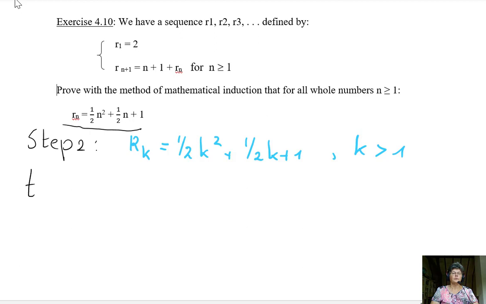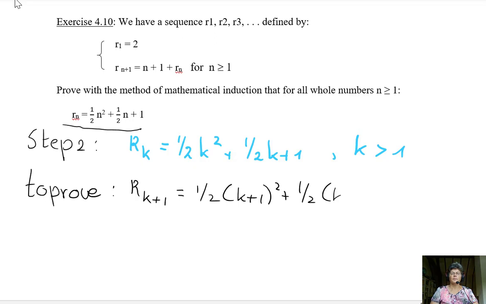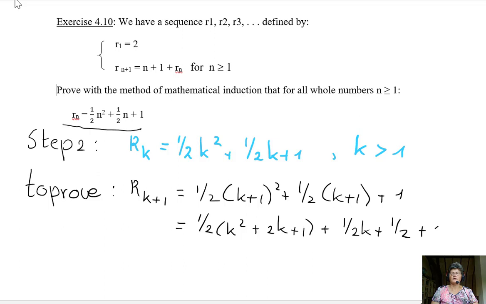So we need to prove that it's also true for the successor, so that R(k+1) equals a half times (k+1) squared plus a half times (k+1) plus 1. Let's simplify this one immediately. So that would be a half times k squared plus 2k plus 1, plus a half times k plus a half, plus 1.